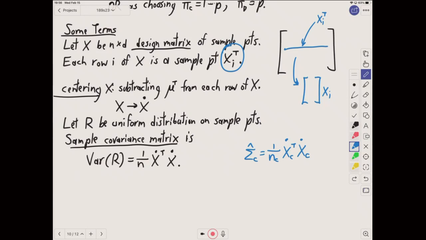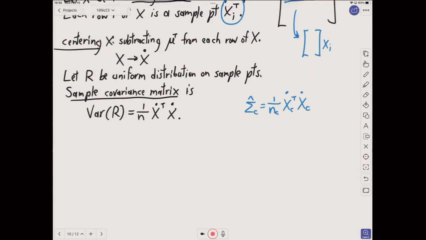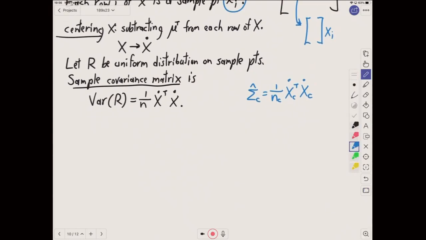All right, so centering is one step. Another step that sometimes people do with their data, when you have points that you know are from an anisotropic Gaussian distribution or something close to that, sometimes it's useful to perform a linear transformation that maps them to an axis-aligned distribution. And that is called decorrelating X dot.